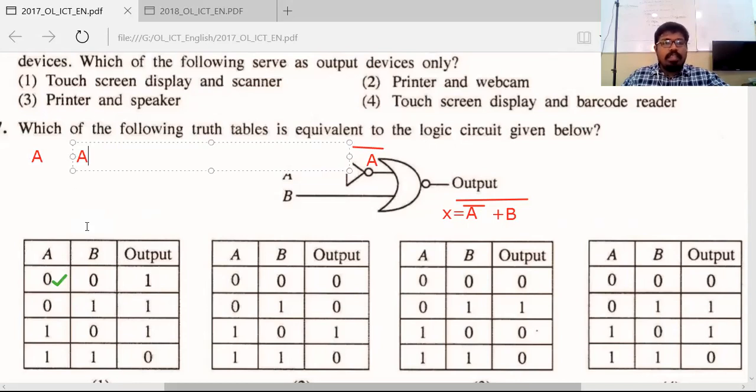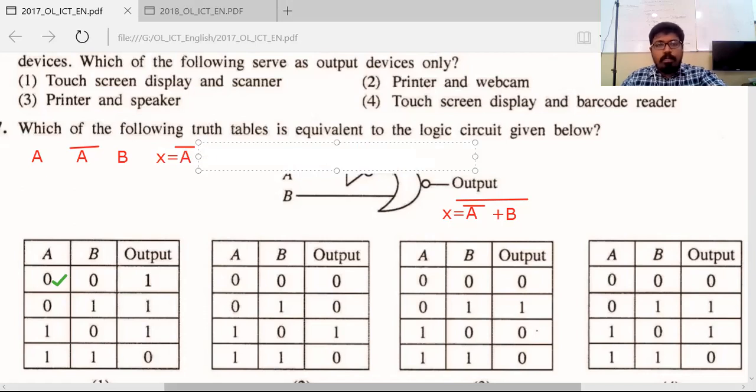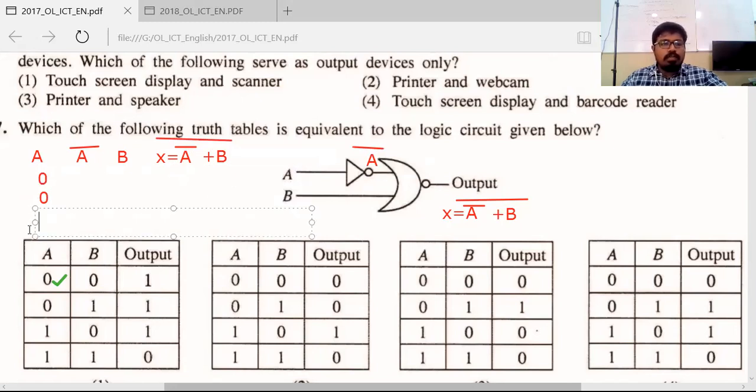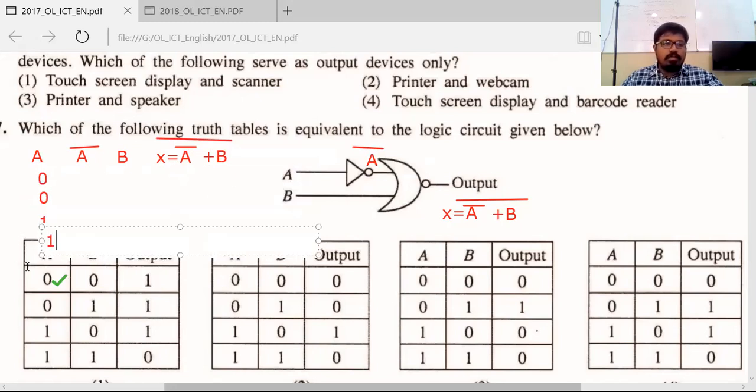So A bar, B, X equals A bar plus B holding bar. So when you draw the truth table, it will be easy. Don't consider each and every truth table one by one. It will take too much time, right?